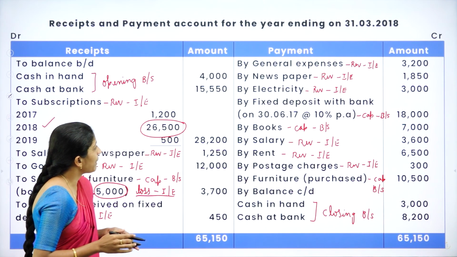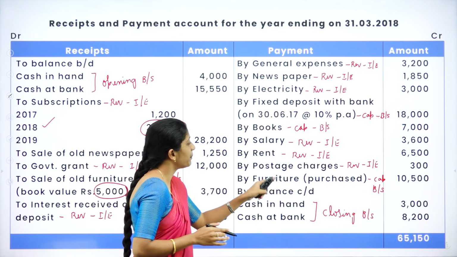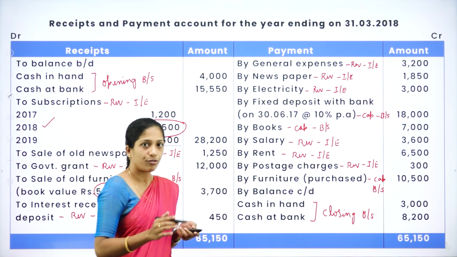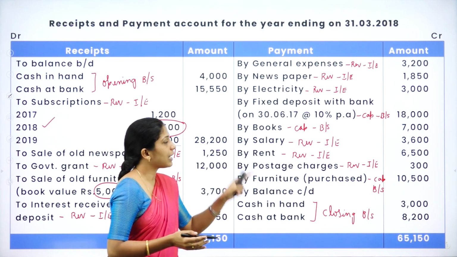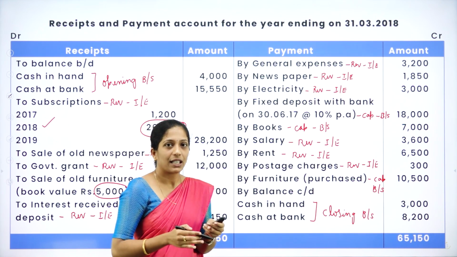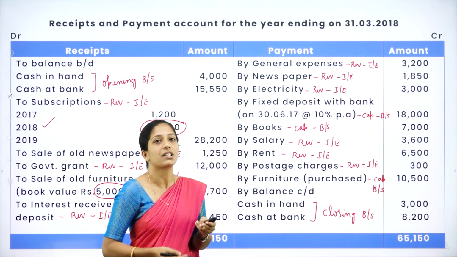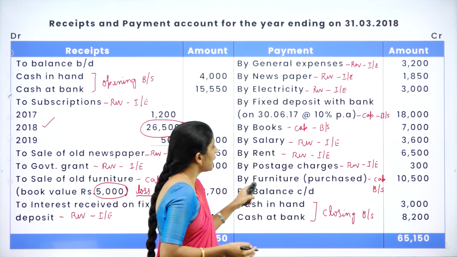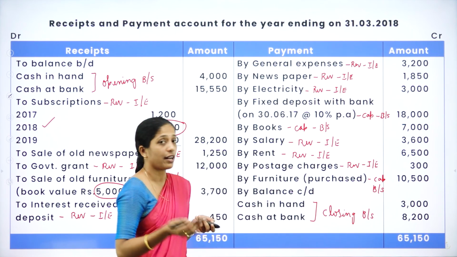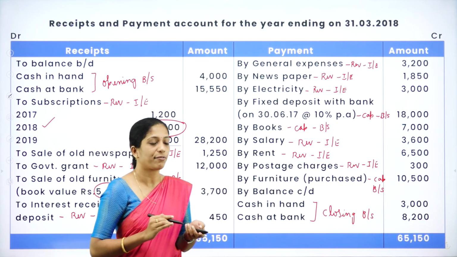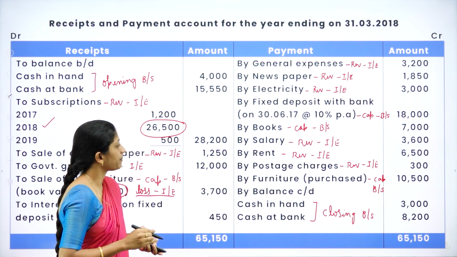Under the receipts and payment account we have buy furniture. They have purchased how much? 10,500. As I told, if they give any new item in the receipts and payment account, it means it has been purchased. So furniture purchased 10,500, and we have to add that purchase. If there is any depreciation, we have to deduct that depreciation.